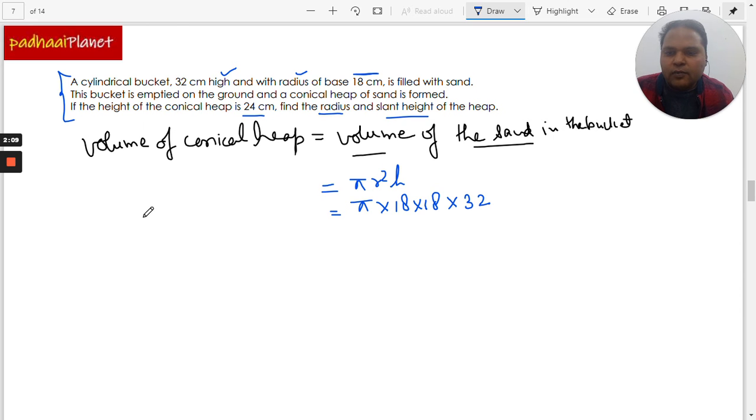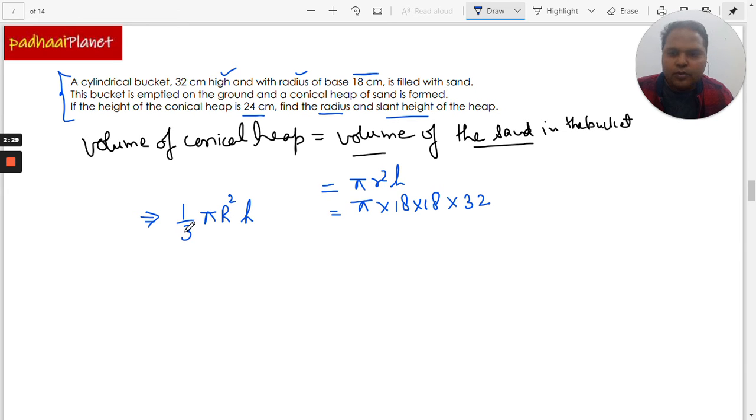Now this side we are going to write the formula for the conical heap, right? And that's going to be pi r square h. Now this r, suppose let's write it like capital R, because that's what it will denote for the cone.